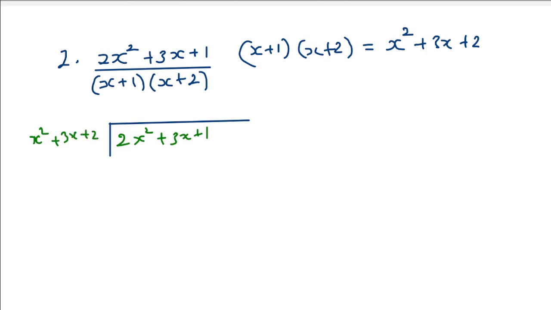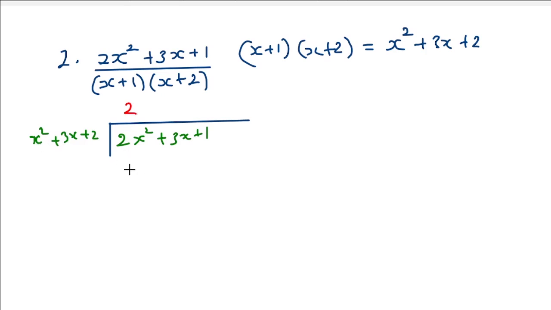Now let's divide. On dividing, we said divide the first term under the root by the first term outside the root. So 2x squared divided by x squared gives us a 2. Then multiply this answer, this value, by everything here, so that we subtract here.